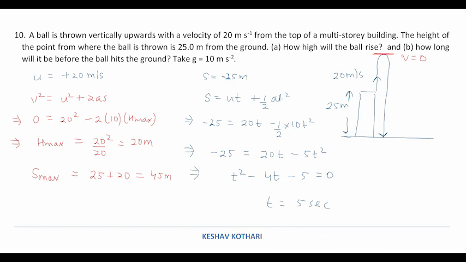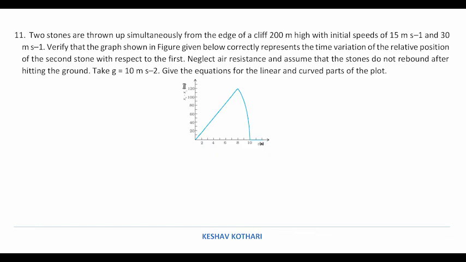So let us move to the next question. Two stones are thrown up simultaneously from the edge of a cliff 200 meter high with initial speed of 15 meter per second and 30 meter per second.